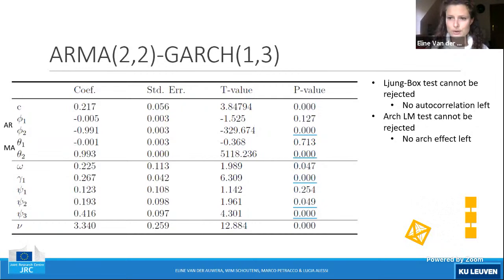Now we wanted to know if our model was indeed specified correctly. So we wanted to know if we got rid of the autocorrelation and the ARCH effects. The first thing we noticed was that both parts, the autoregressive part and the moving average part, were absolutely necessary, because this phi2 term is highly significant and this theta2 term is also highly significant.